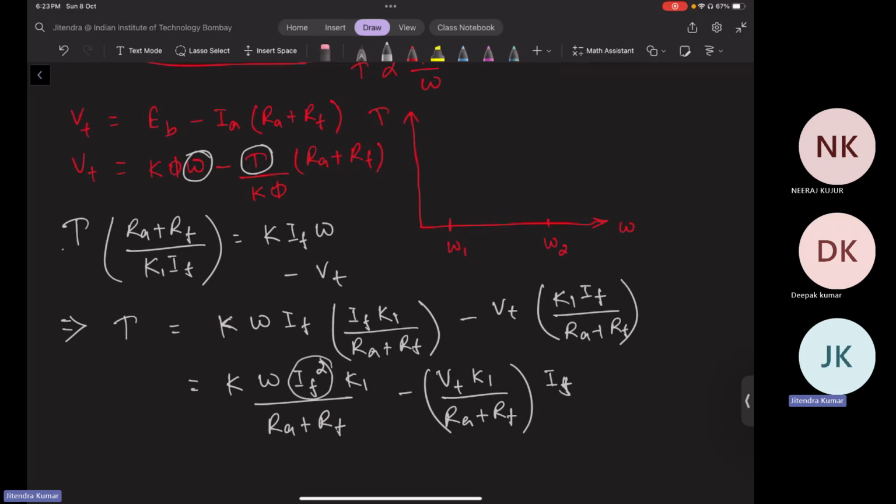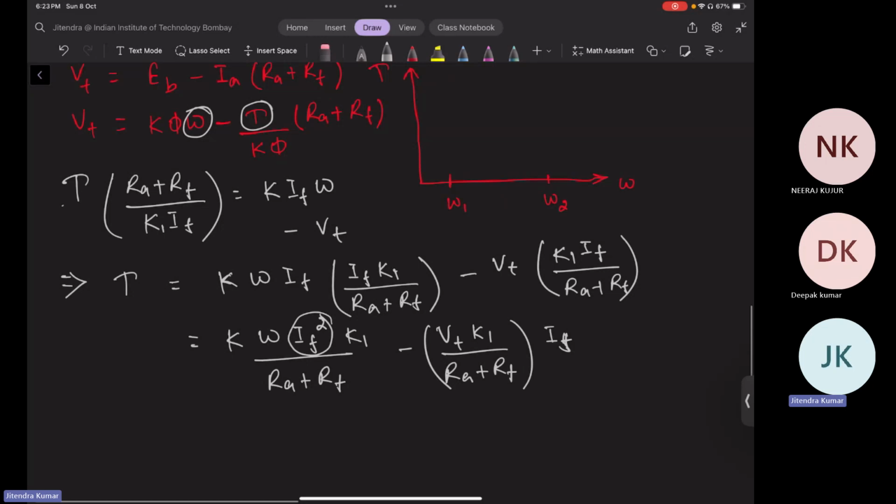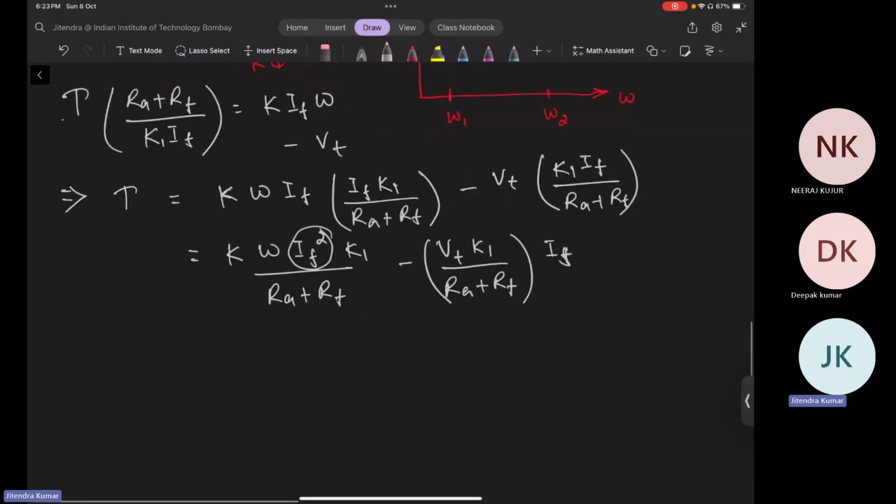You can see that as speed increases, what will happen to the field current? Initially, what kind of field current do you want to provide? At the very start, let's suppose omega is equal to 0, this torque will be huge. That's the characteristic.